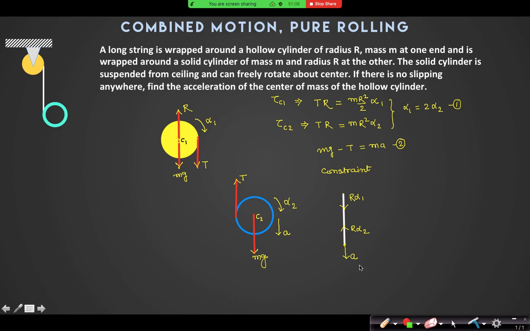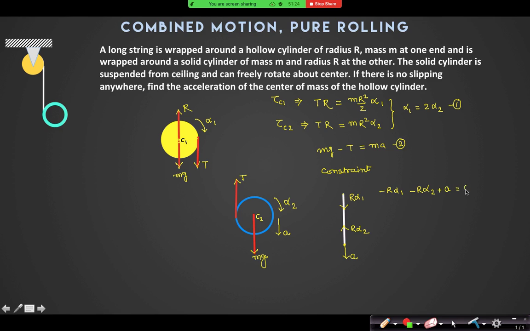So now I can write a constraint on that string. Minus R alpha 1 minus R alpha 2 plus A equal to 0.